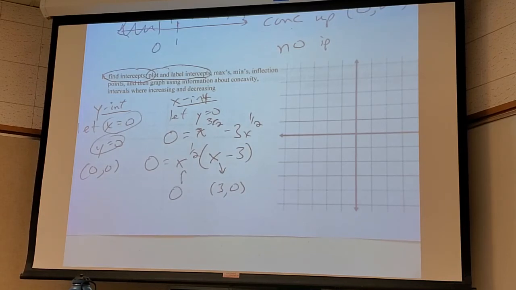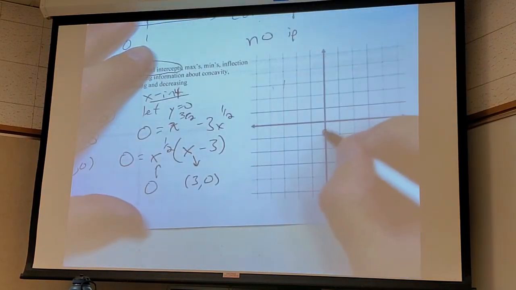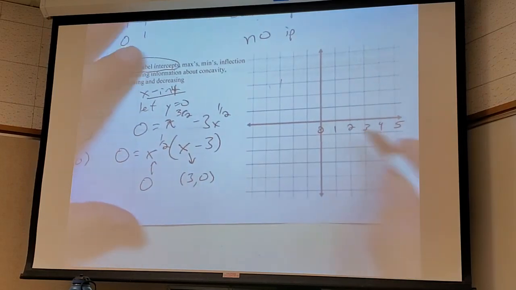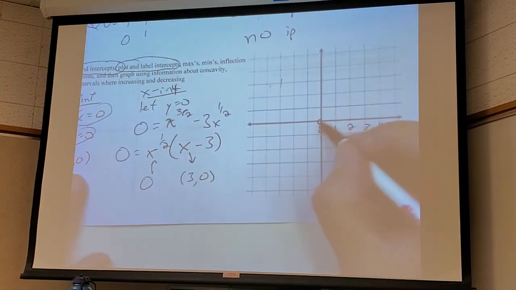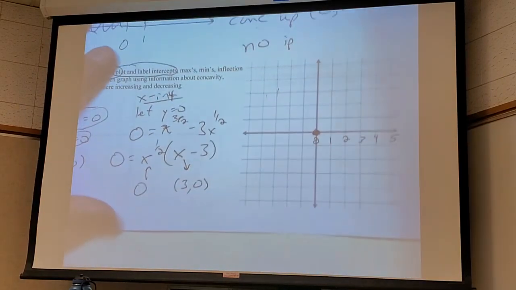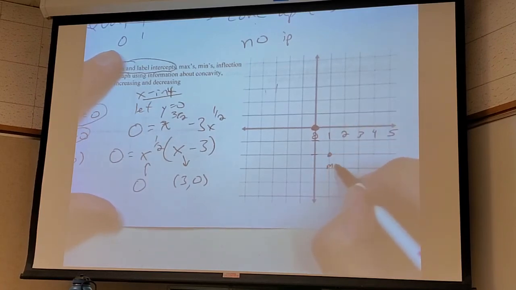So I can just use a scale of 1. I don't care about this whole side of this thing. So let's see. At 0, it's 0. We got our intercept. At 1, it's -2, and this is a minimum.